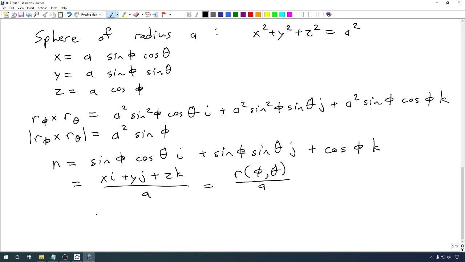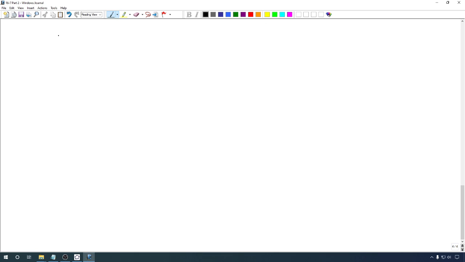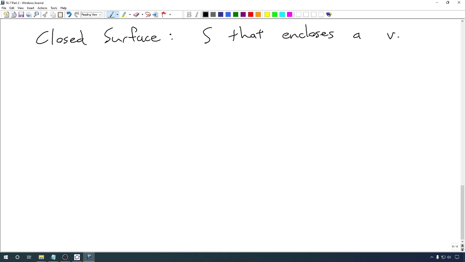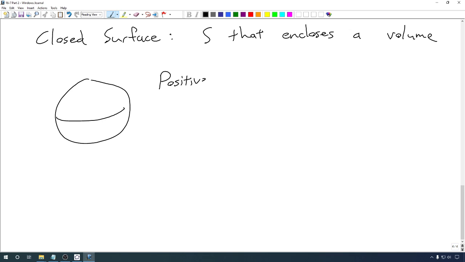And whenever we do have a closed surface, a sphere is a good example of a closed surface where it actually encloses a volume, so here our sphere actually has a ball inside of it, we're going to say the positive orientation is the one that points outwards.